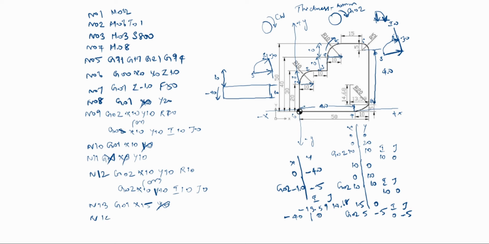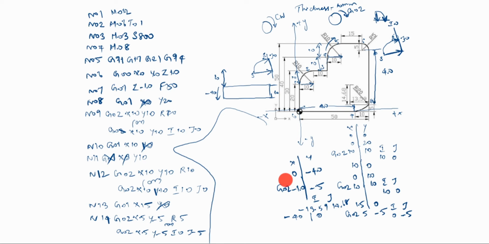N14, G02, X5, Y minus 5, R5, or G02, X5, Y minus 5, I0, J minus 5. Up to here finish. So this is linear. If linear, here you see X is 0, Y is minus 40.